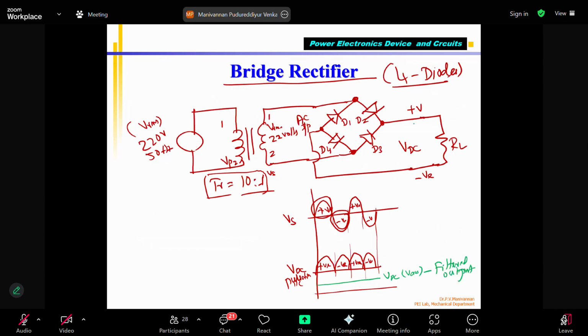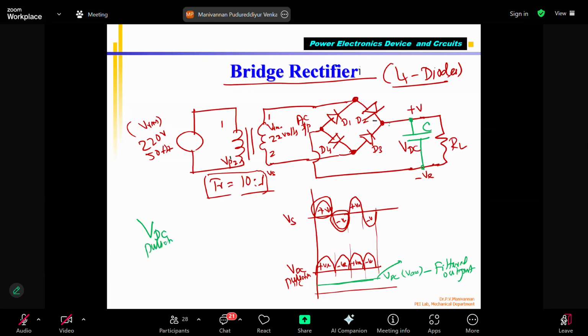Who is the filter? That means I need to connect one capacitor across the load, at the output. The capacitor removes the pulsating, and this becomes a constant DC. This is the best, correct? So how will you get the same equation? Full wave rectifier VDC pulsating.